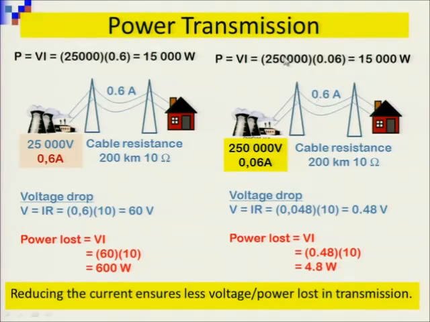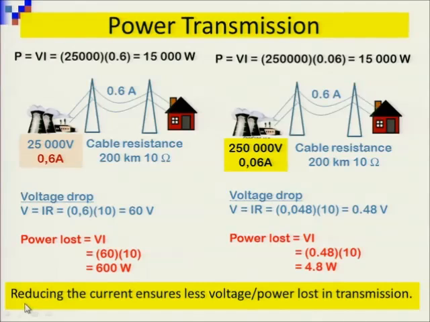Why? Because we are then decreasing the current. Can you see what happens is we step up the voltage, and when we step up the voltage, we actually lower the current. And then less energy is lost during transmission.